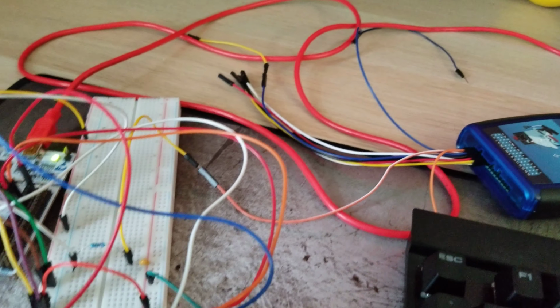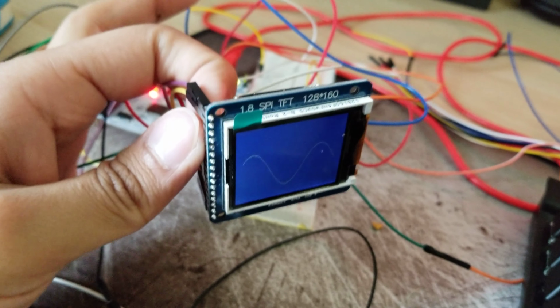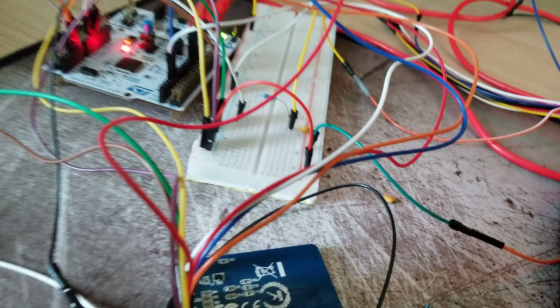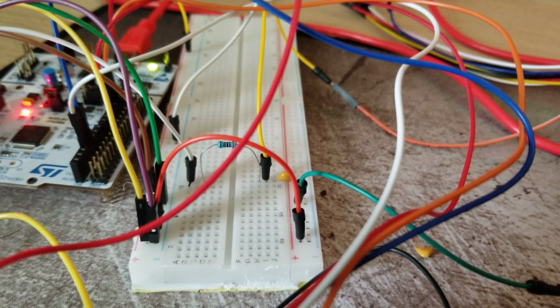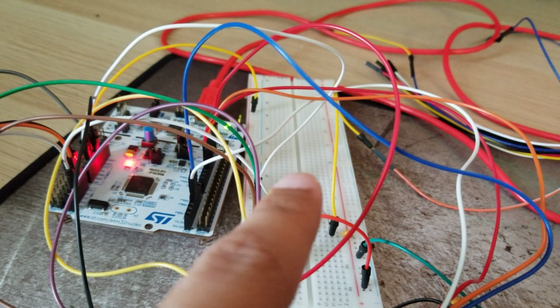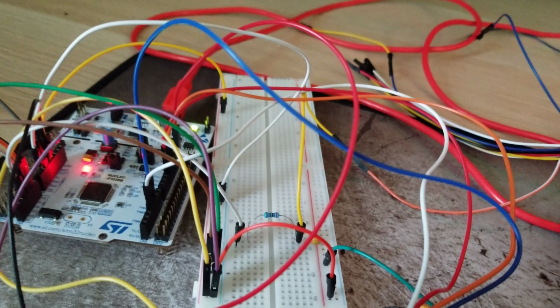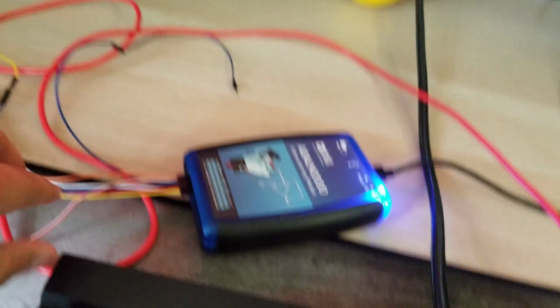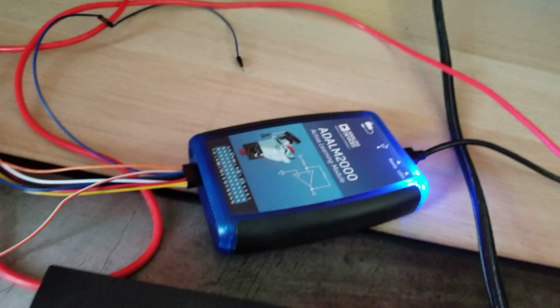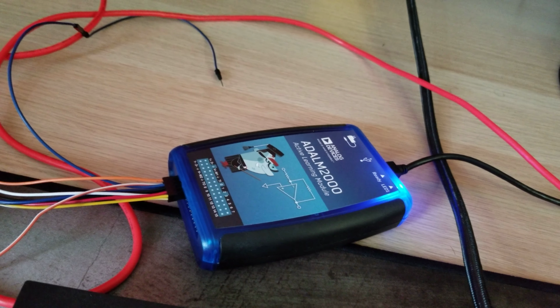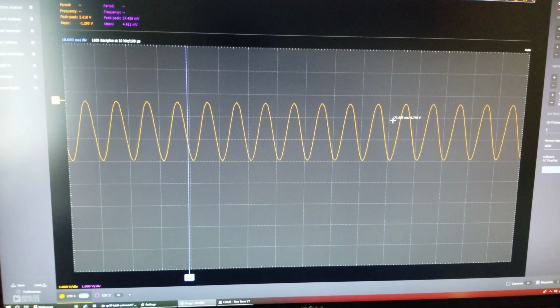We have SPI1 connected to the LCD, which also has the data and command signals and all of that stuff. And then timer 3 channel 1 is connected to the PWM that's going into this RC filter circuit that we have here. The output of that RC filter is going into my ALM 2000 module, which has Scopy running, so you can see that it's generating the output here.